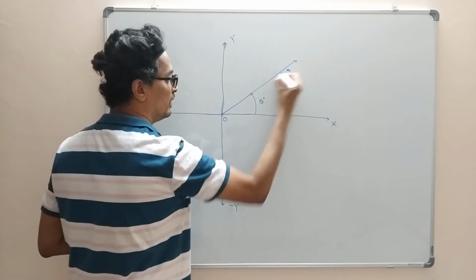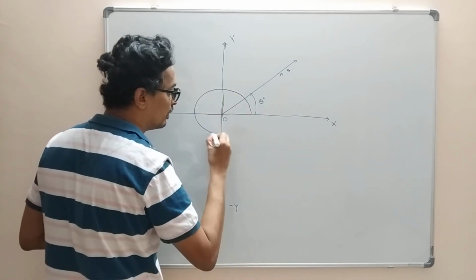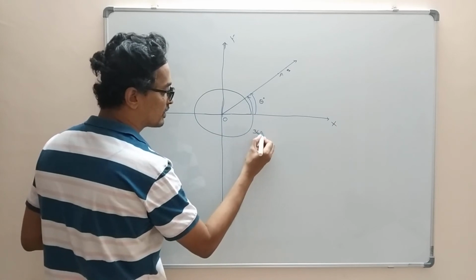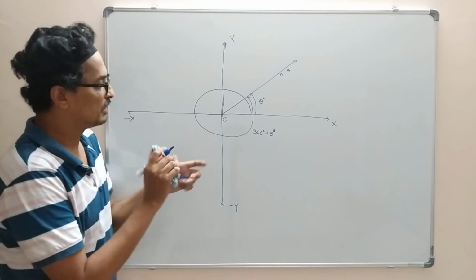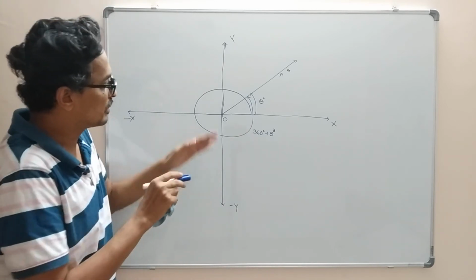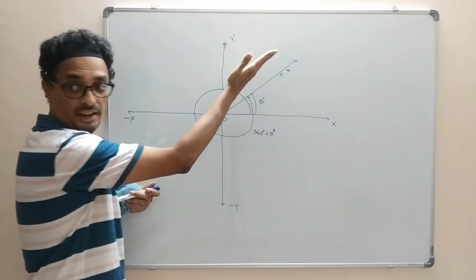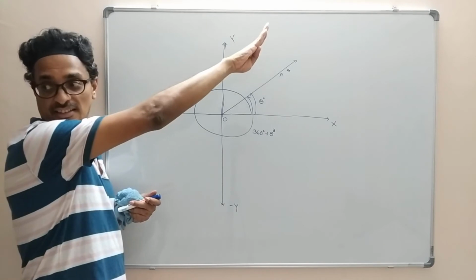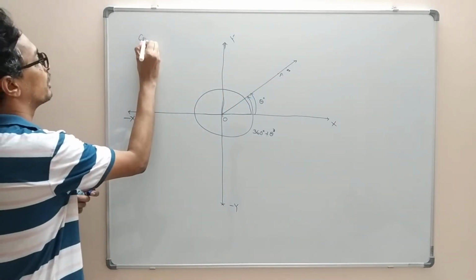So this angle is going to be 360 degree plus theta degree. And what is interesting about it? Your initial ray and the final ray are going to have the same direction. So such angles are called coterminal angles.